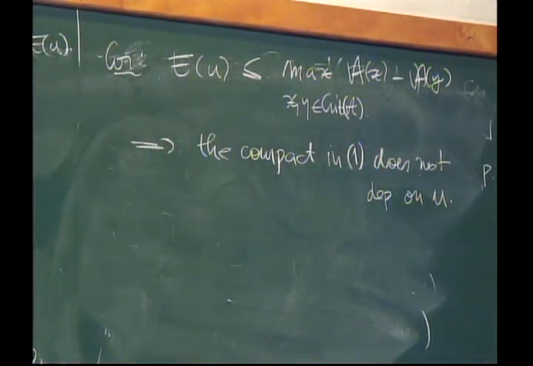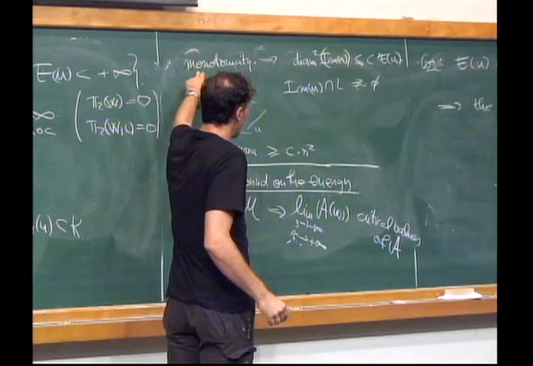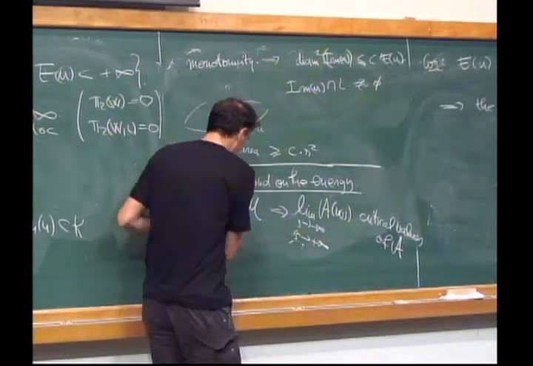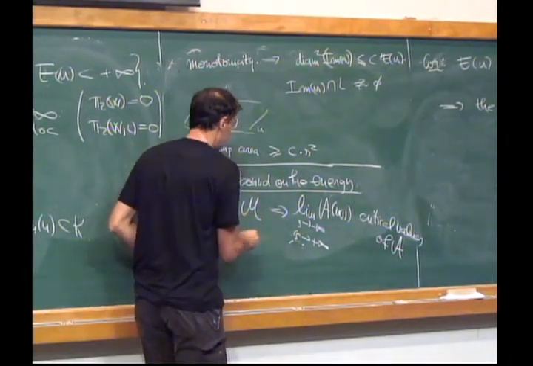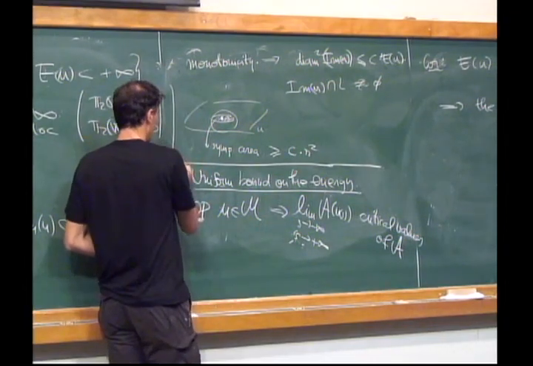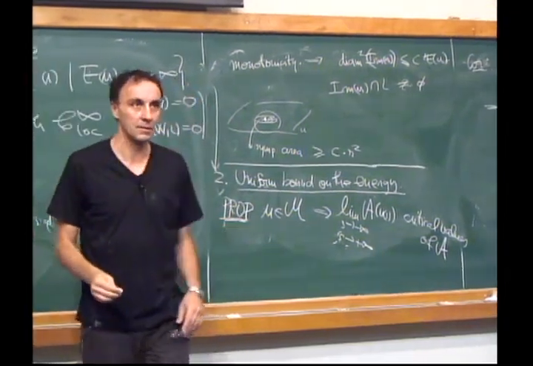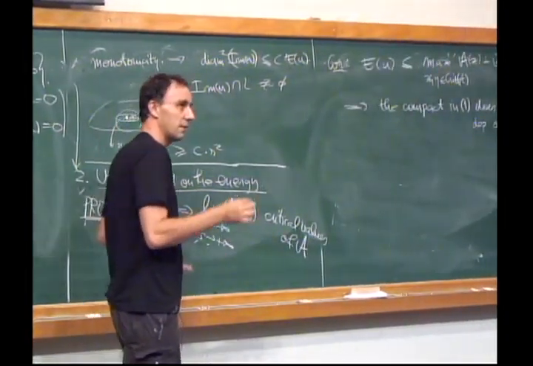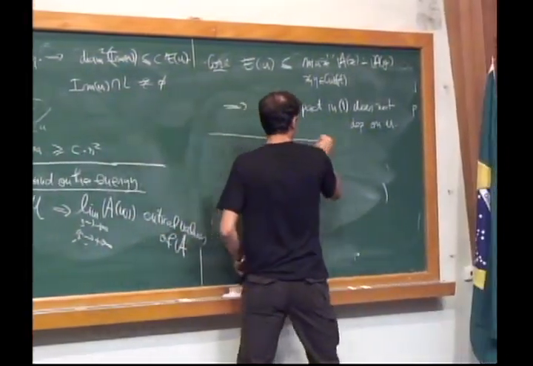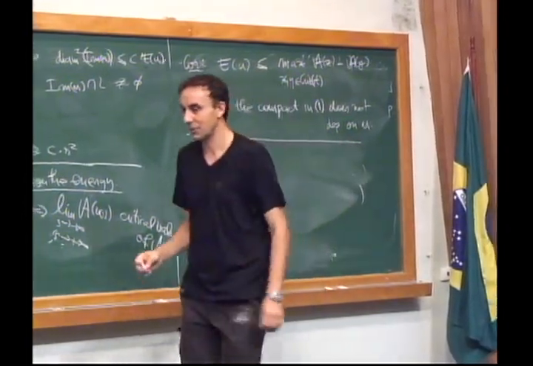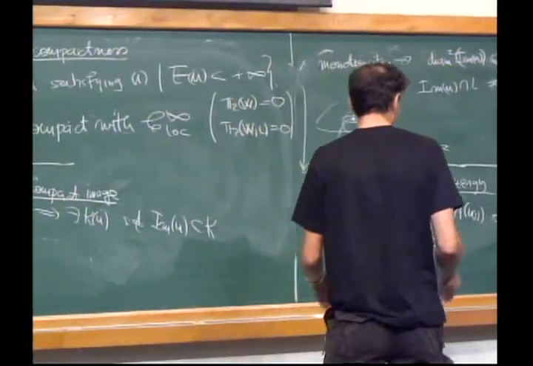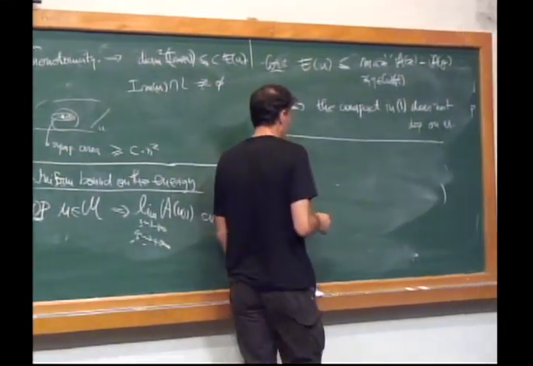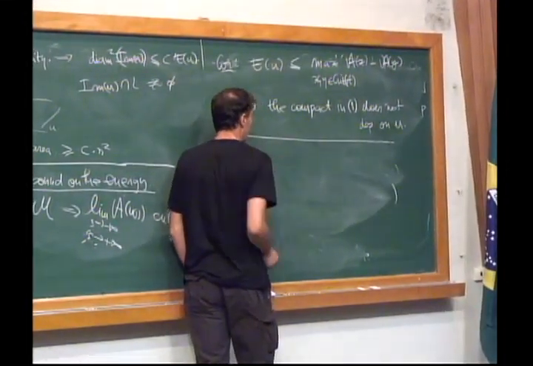But in fact, I had to start with this one depending on U, because this compact set depending on U is needed in the proof here. So I will probably skip this proof and give it at the end if I have enough time, which I'm not very sure about. At least not give the proof because it's long, but maybe give an idea.